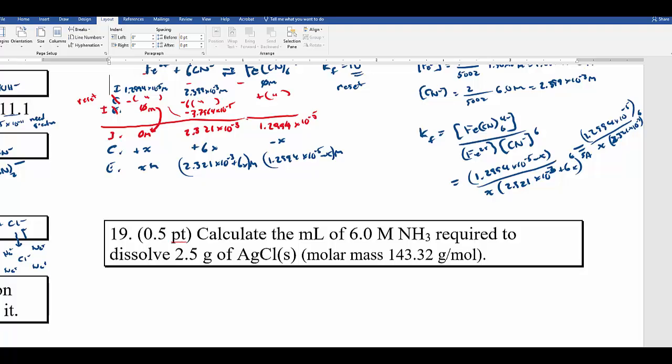So I'm going to do 1.2994 times 10 to the minus 5, divided by 2.321 times 10 to the minus 3. Then I want to raise that to the 6th power.